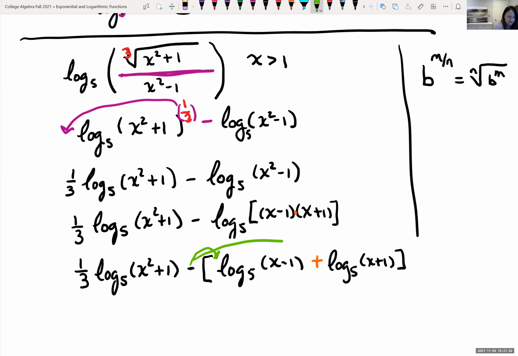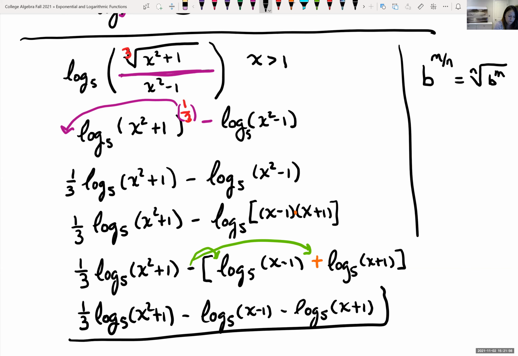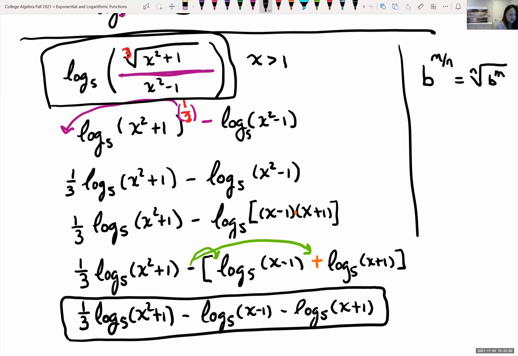So the negative gets distributed, and then we've gone as far as we can. So 1/3 log base 5 of x squared plus 1 minus log base 5 of x minus 1 minus log base 5 of x plus 1. So we just rewrote this logarithm as a sum and difference of simpler logs.